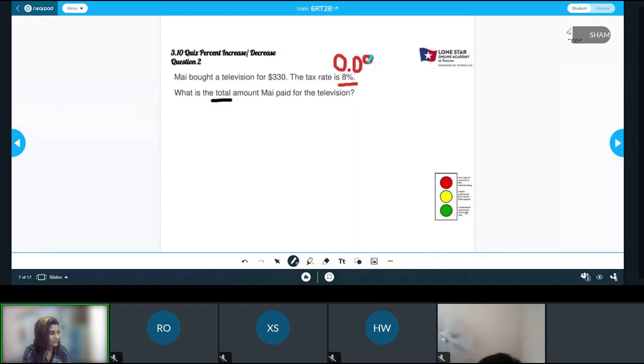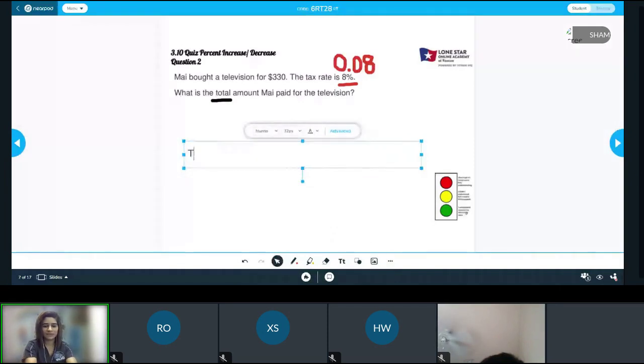As a decimal. And then we can find how much the tax is. So you'll say tax. The cost of the TV is $330. The tax is 0.08. Multiply and tell me how much do you get for tax. Pooria got $26.40. Mia, very good. What about others?